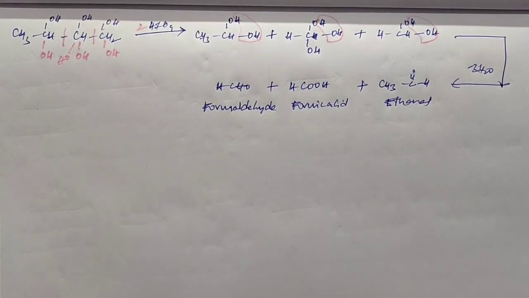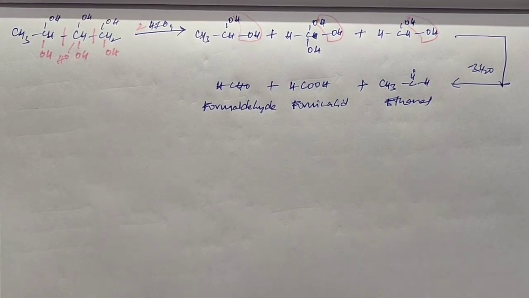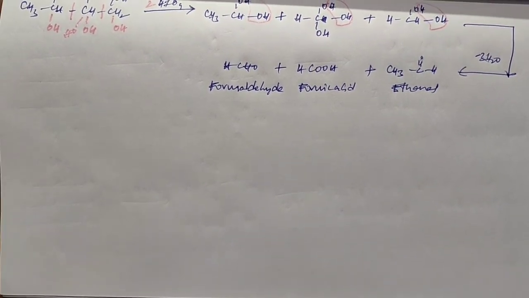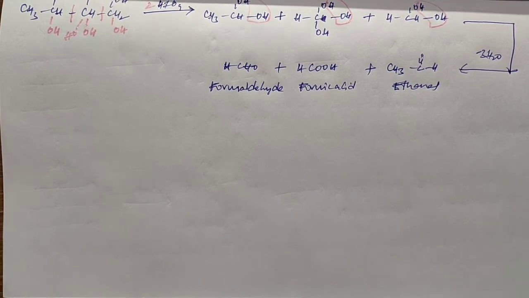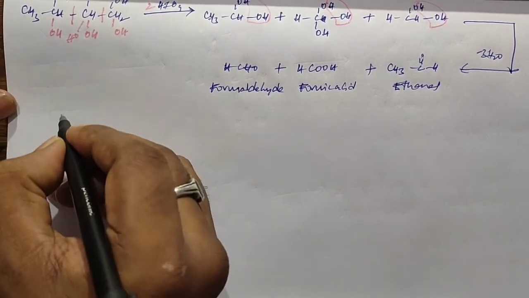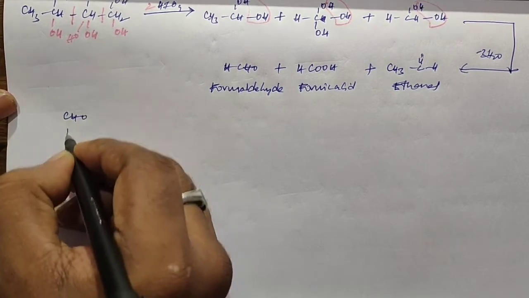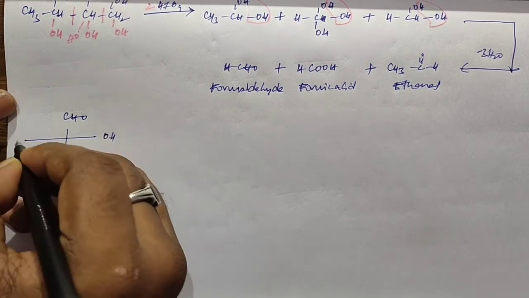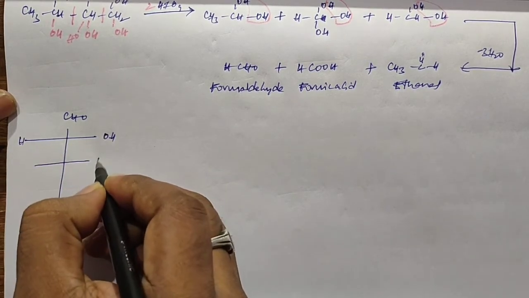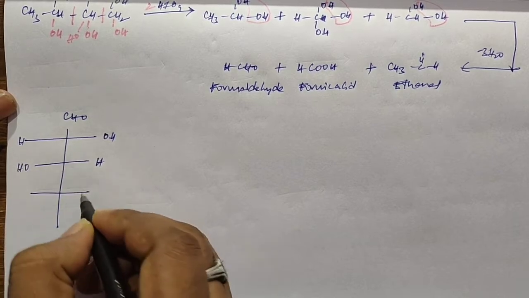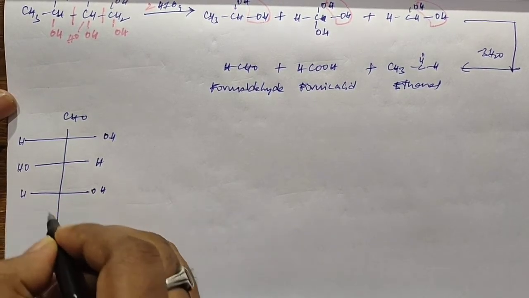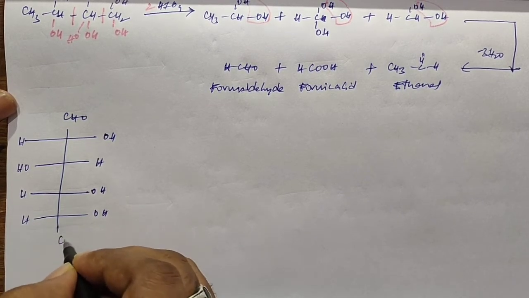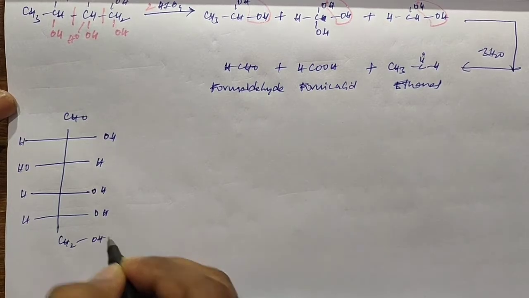Okay, this is the way of conversion. So the next example is CH2OH, OH H, H OH, OH H OH H, and the last one is CH2OH.